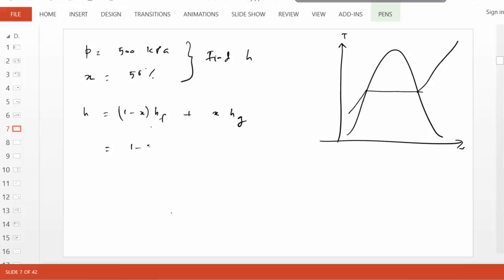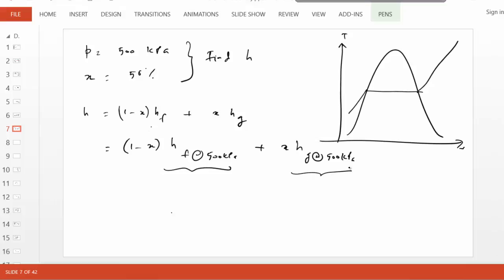You can write it more elegantly as hf at 500 kPa plus x times hg at 500 kPa. These values are all we need because x is already given. I'm not going to solve the problem here, I'm just going to show you how to solve it. Later we'll solve the problem with all the numbers.